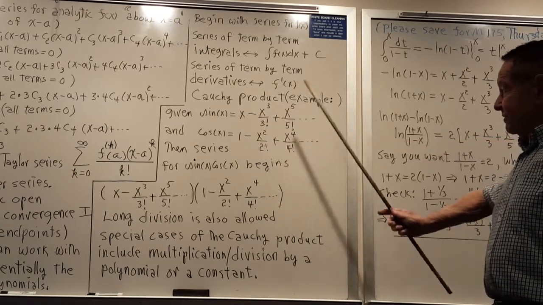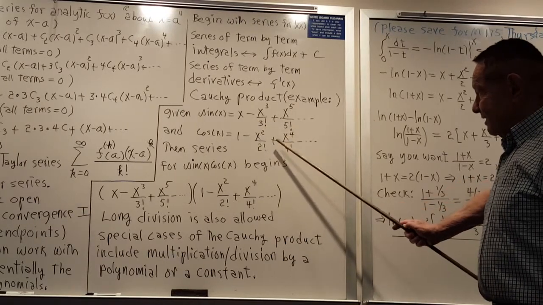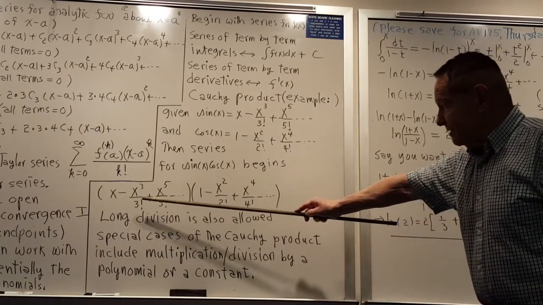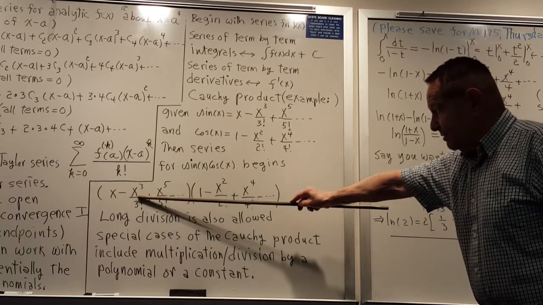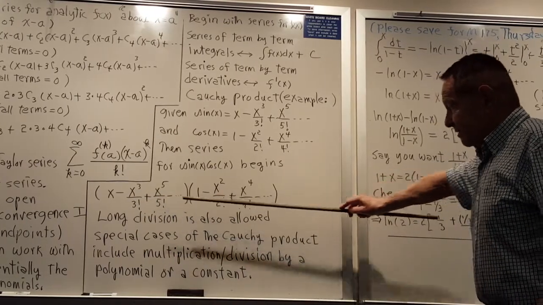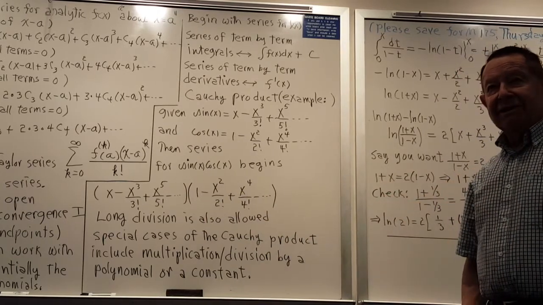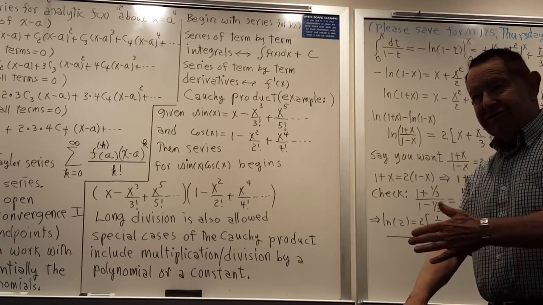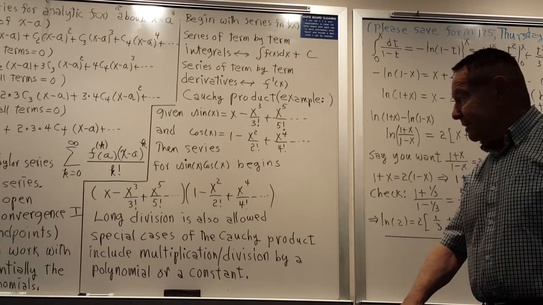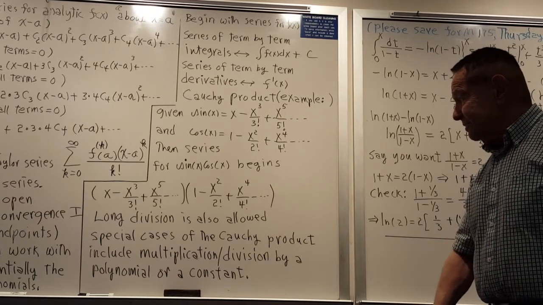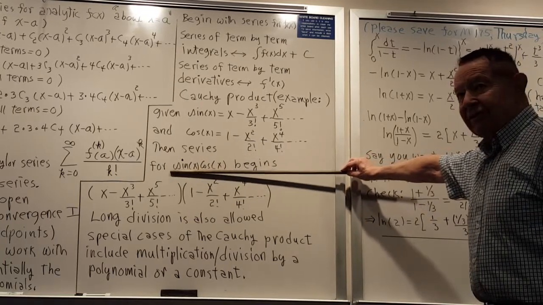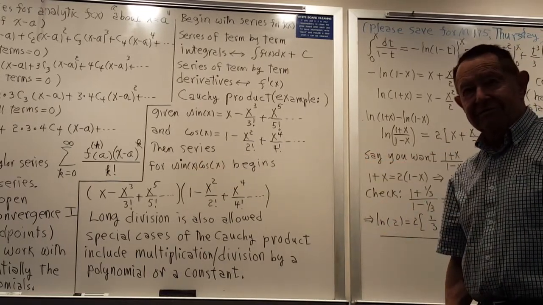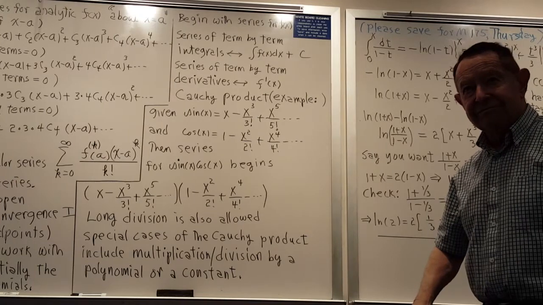So if you took the first three terms, say, of each, as if they were polynomials, and did multiplication, this polynomial by this one, you'll get the first terms of the series the same as if you had called this a function and obtained the terms by differentiation.